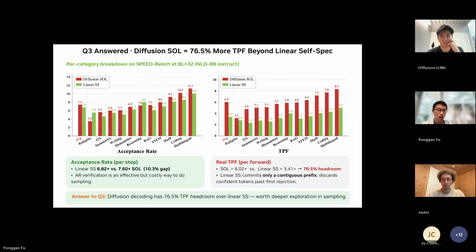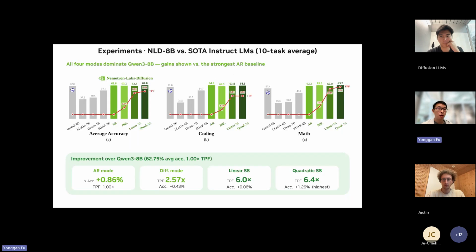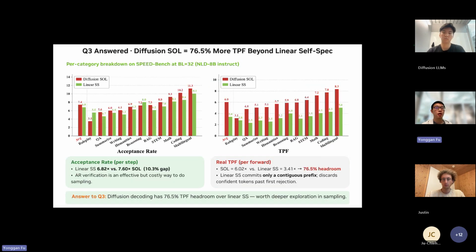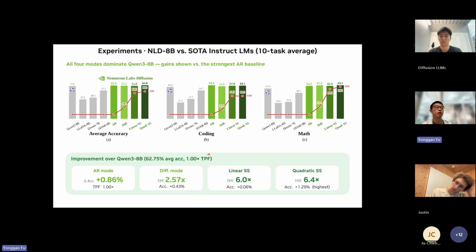Okay, this is the third question we wanted to answer: the diffusion mode still has promise for long-term exploration. And combining all these insights, we deliver our final model. We have different model sizes, and this is an example for our 8B model. You can see the average accuracy and also the achievable tokens per forward.